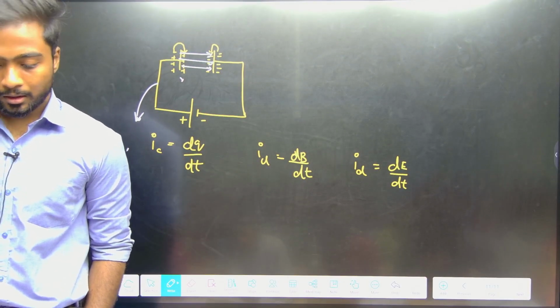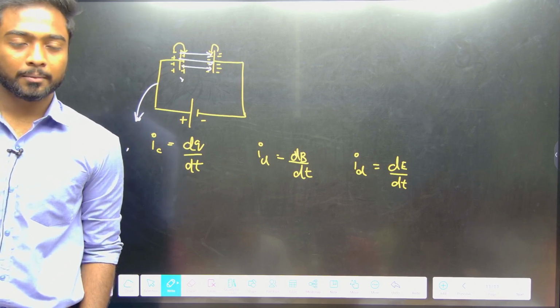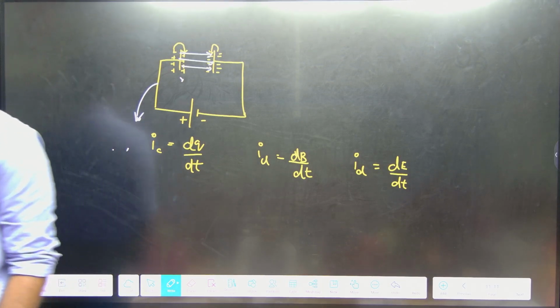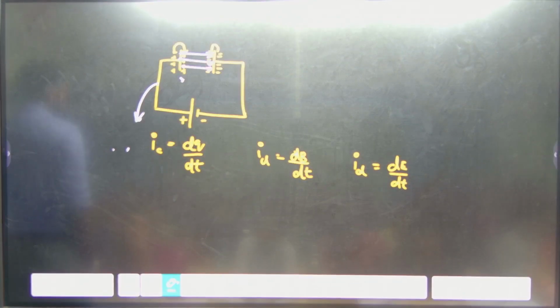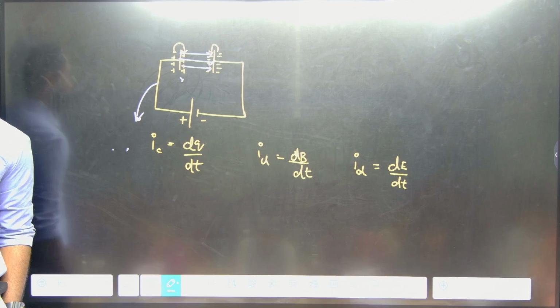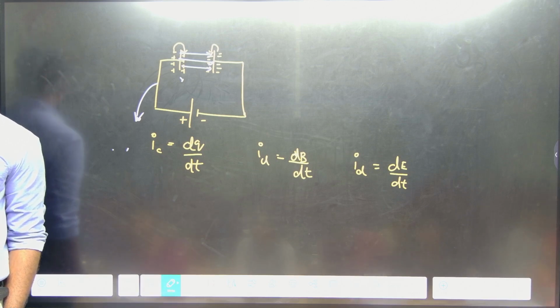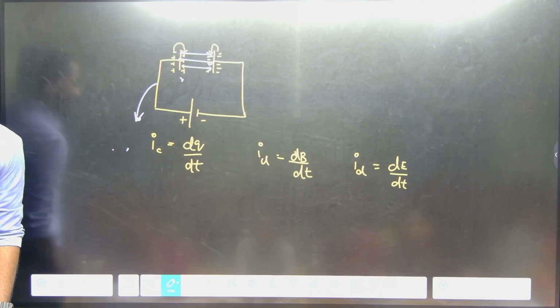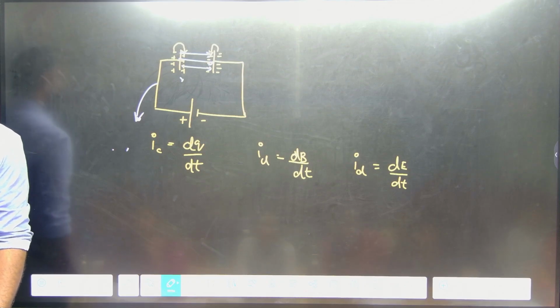What is Ampere's circuital law? Refer first, Ampere's circuital law. What about Gauss law? Q in by epsilon naught. Then what is Ampere's circuital law?